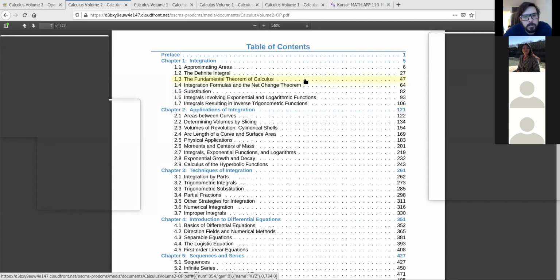Then we talked about substitutions, integration by parts, finding the integrals of trigonometric functions, and then partial fractions. And then we'll look at these other strategies for integration on Friday, and we'll get to talking about differential equations on Friday.